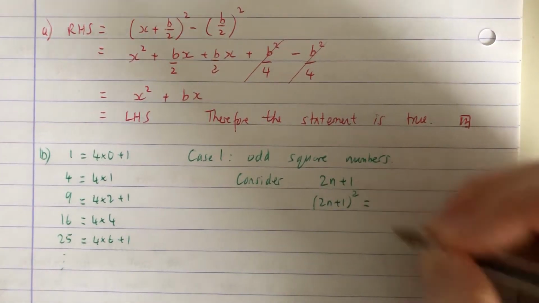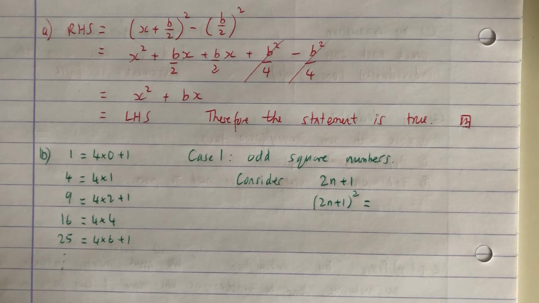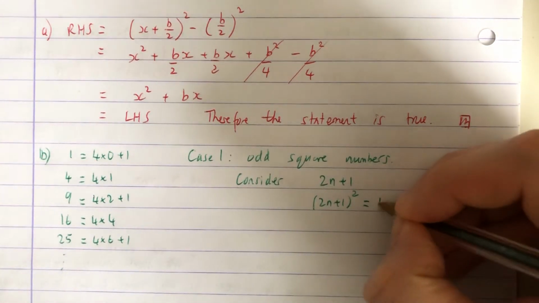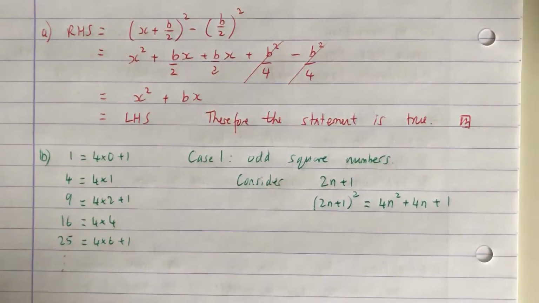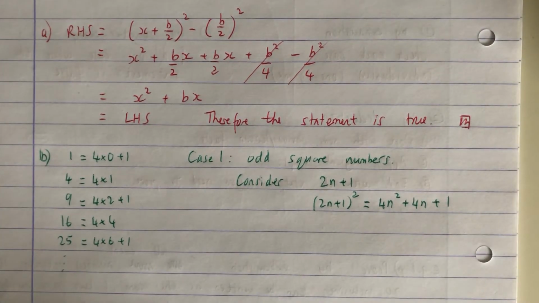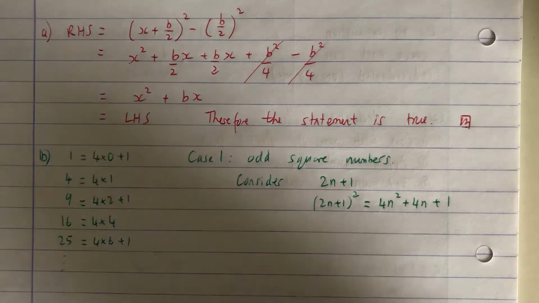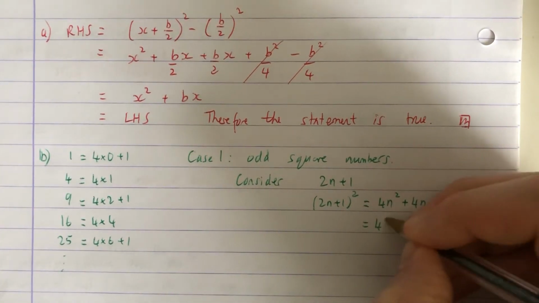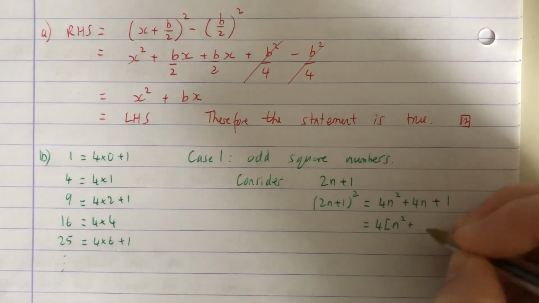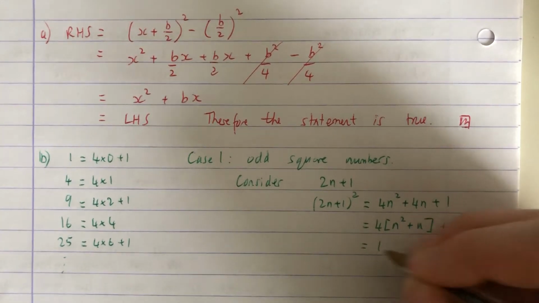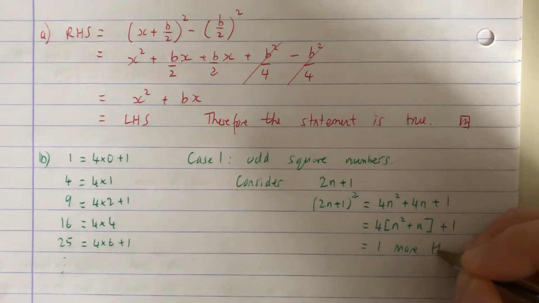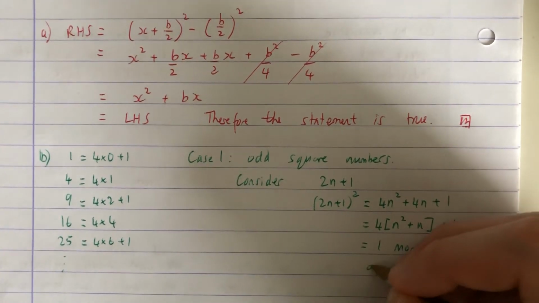When you square that, we need to try and prove that this is always one more than a multiple of 4. 4n squared plus 4n plus 1. How can I show that's always one more than a multiple of 4? Factorize a 4 out. One more than a multiple of 4.